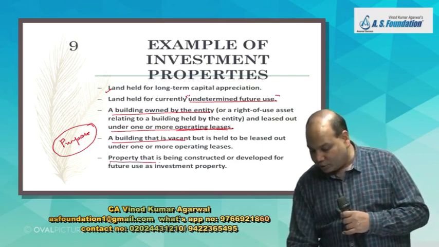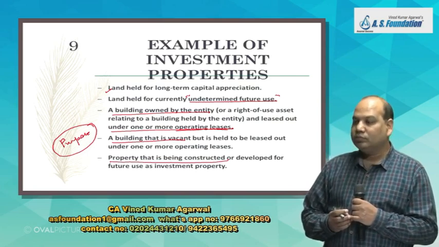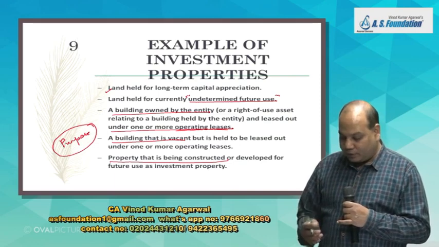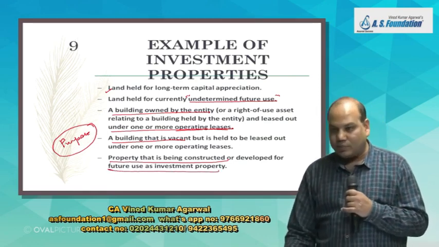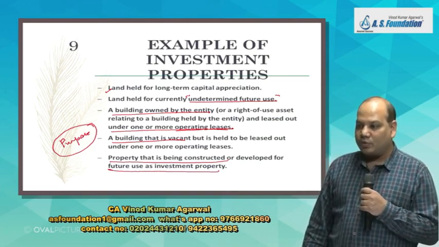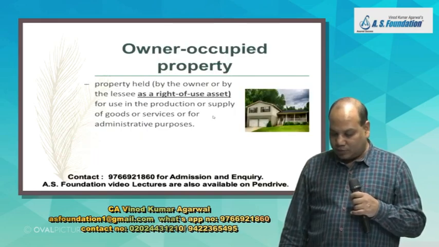Next, very interesting, property that is being constructed or developed. Property that is under construction or development for future use as investment property will also be classified as investment property, and then this standard will become applicable.